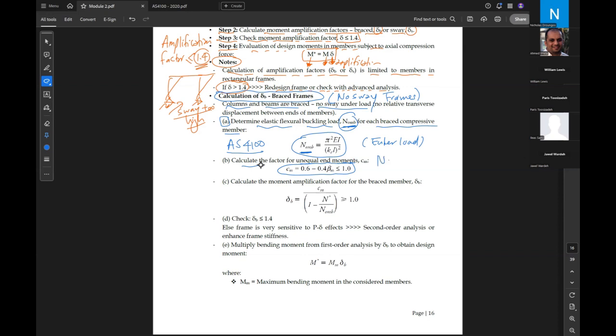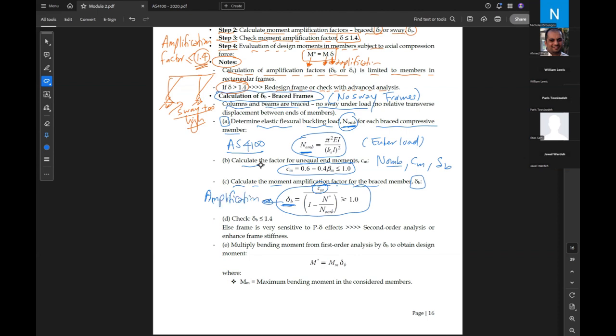So we have N_omb, then Cm, then we can find delta B. Delta B is equal to Cm over (1 minus N star over N_omb), and should be more than or equal to 1. It should be more than 1 because it is an amplification factor; amplification means we are increasing the forces.